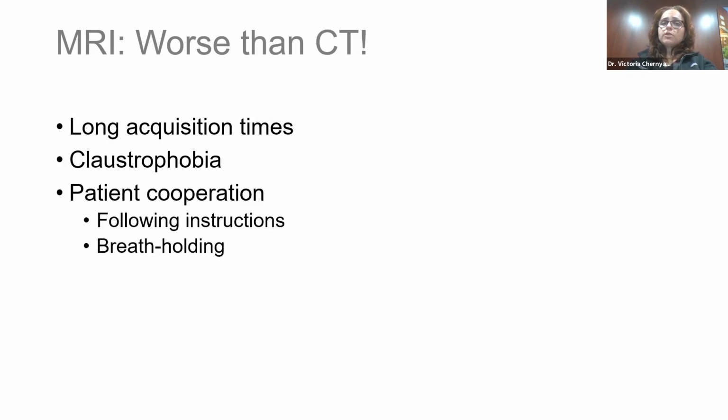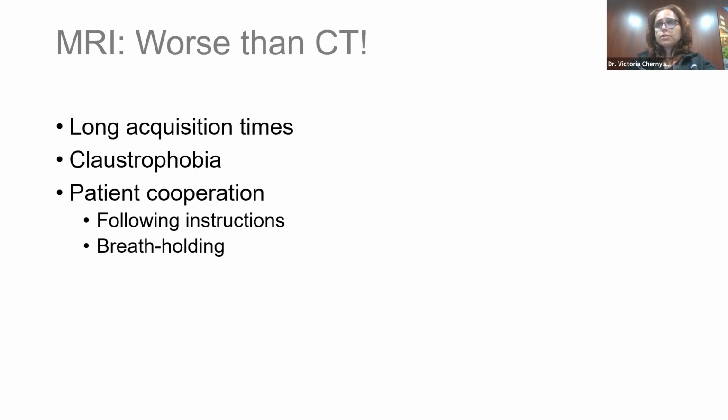All of that leads to a very important point: patient cooperation for MRI is essential. Far more essential than for CT, because most patients can hold still for the 5-10 seconds that CT is acquired. But to get a good MRI image, patients have to follow instructions, hold still, and hold their breath when asked to, particularly for MRI of the abdomen.